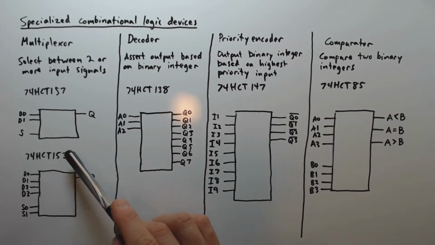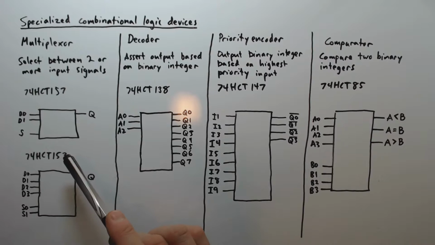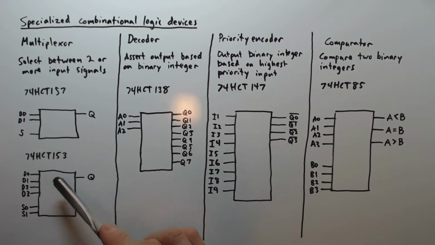The 74HCT153, that is a dual four-input multiplexer, and so here again I've just shown one of the two units that are in the actual IC.